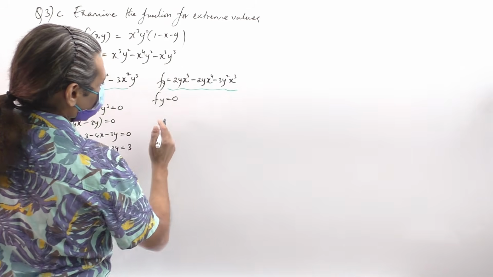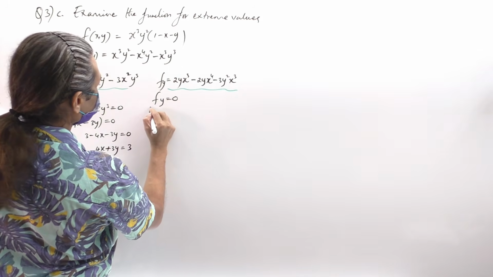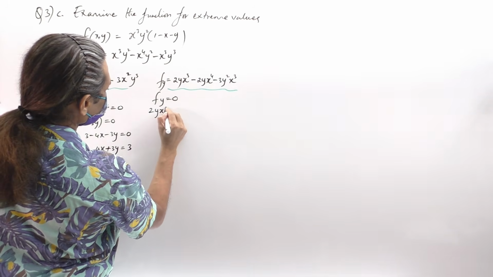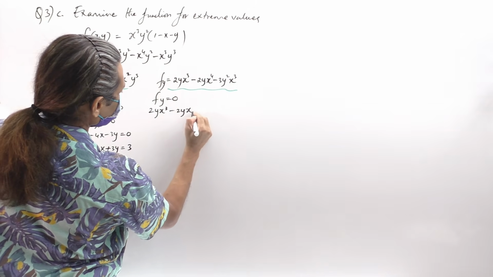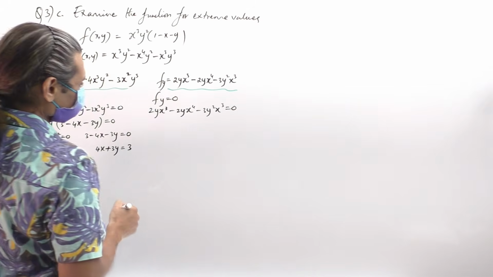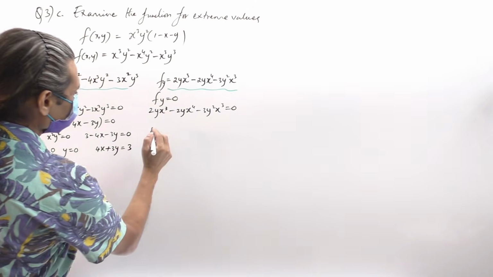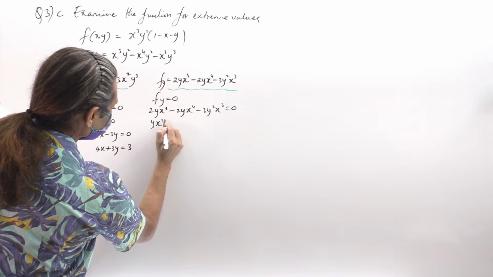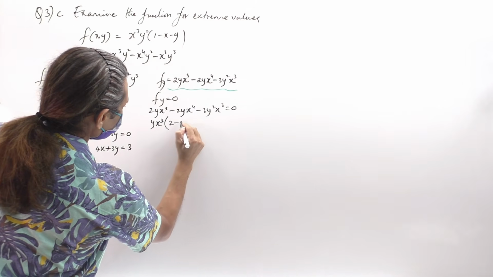So Fy is equal to 0 means we have 2yx³ minus 2yx⁴ minus 3y²x³ is equal to 0. Now here, yx³ is common.